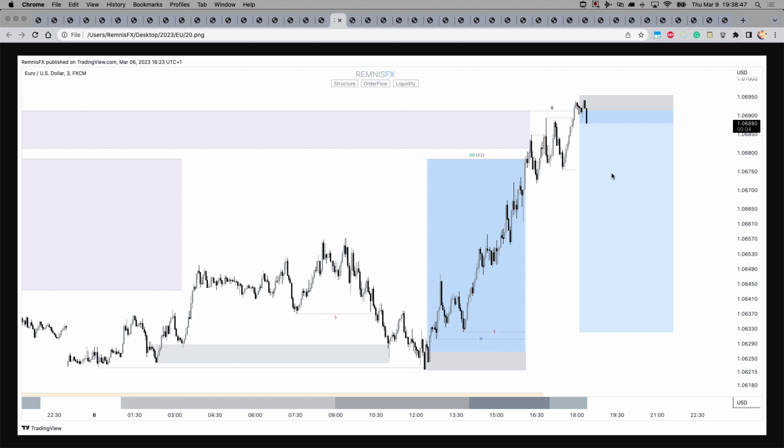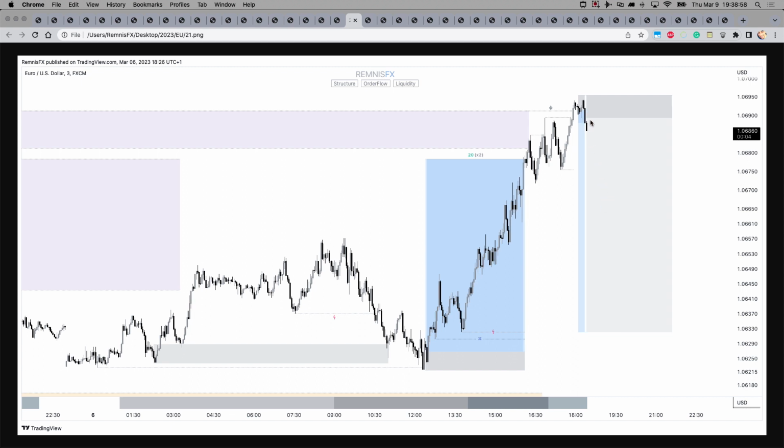And that's why I changed again the color from green to blue. Gray, to blue. And at this point, immediately I again placed a sell limit order now based on this area, right? Because again, the same pattern.